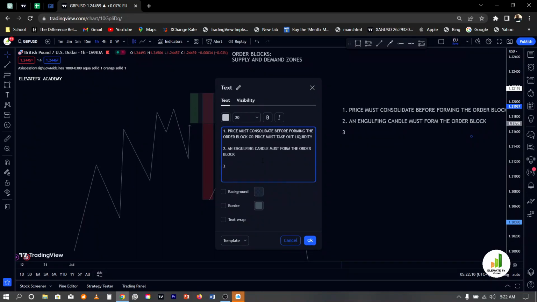And then let me add this one. The order block must lead to a break of internal structure, or both internal, let's use int, and external structure.